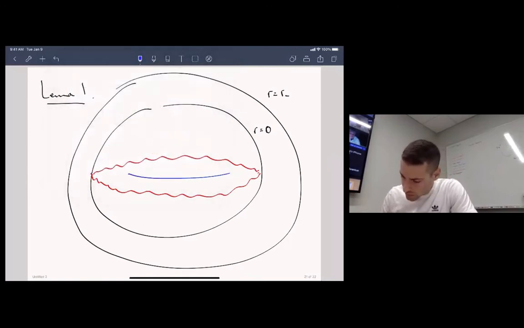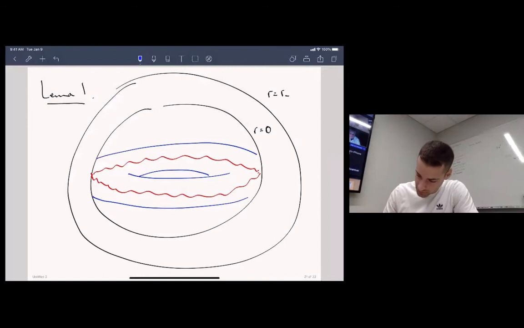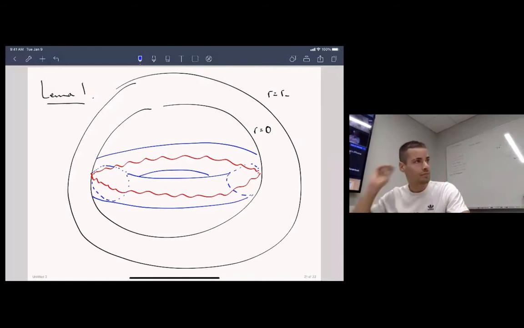That's going to be better. Marvelous. Those are cross sections of the donuts.